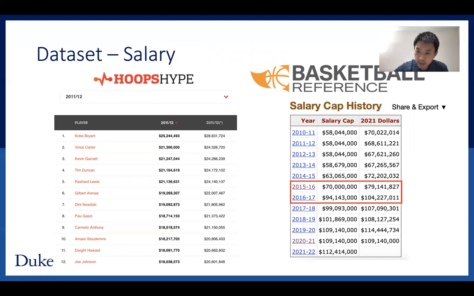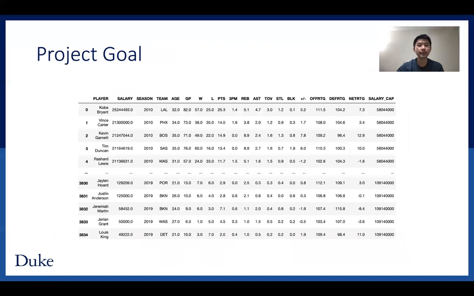And because the salary cap dramatically increased from 2015 to 2016 due to the NBA signing a big contract with the broadcasting companies, and there's an agreement that 51% of the revenue must go to the player salary, salary cap indeed plays an important role in our response.